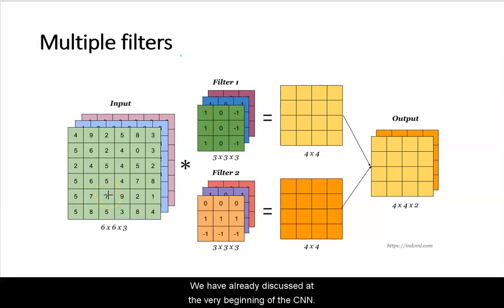We have already discussed at the very beginning of the CNN that each hidden layer in a convolutional neural network is responsible for capturing different features of an image.